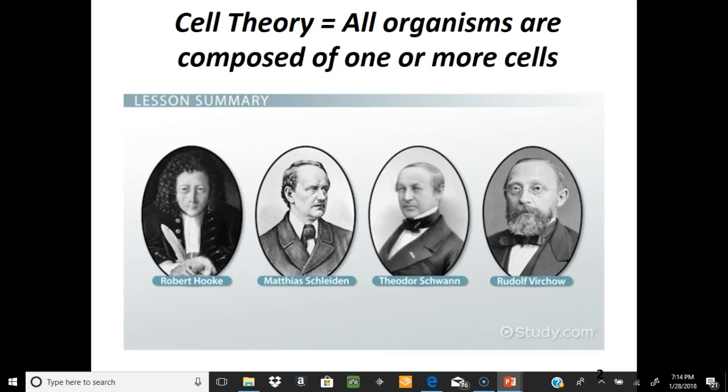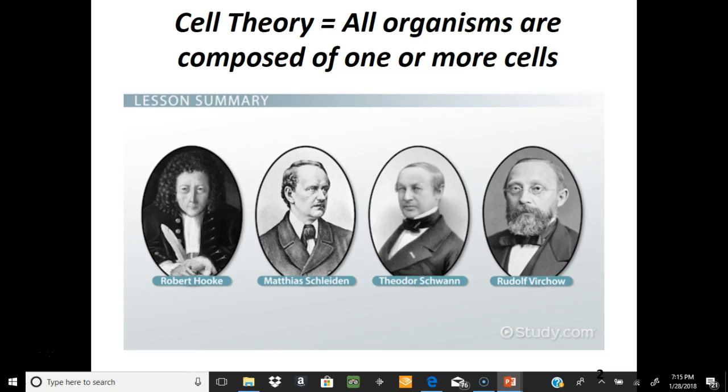To discuss the cells, we first want to bring up something we've talked about in the past, cell theory, which states that all organisms are composed of cells. So living things are composed of cells, and only cells can produce new cells.